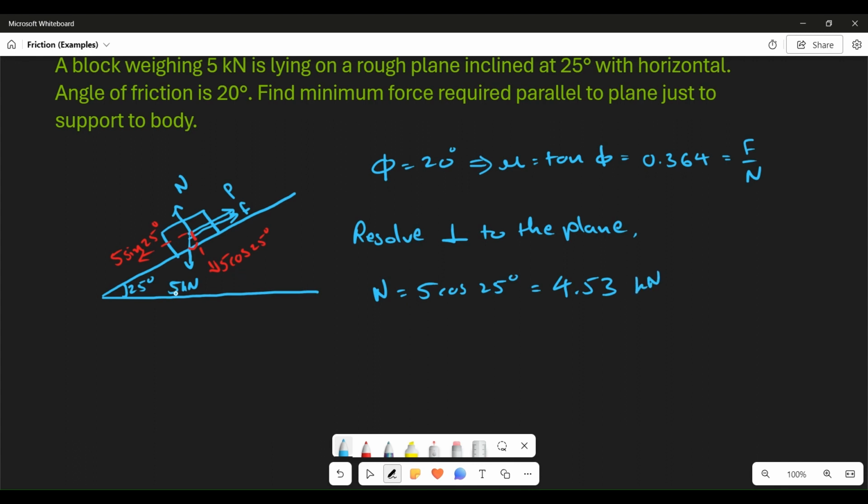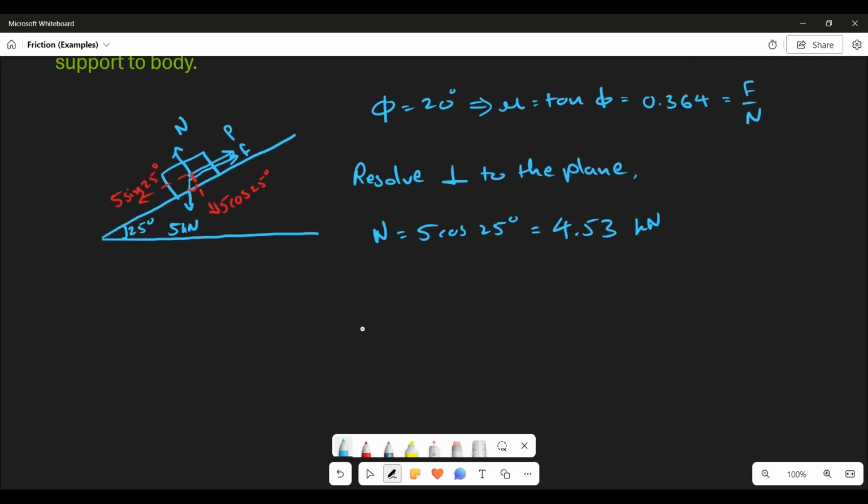Whatever is the unit of this force, weight or P or whatever one force will be given, the unit of that force will be the unit of the answer. So N we get as 4.53 kilonewton. Now let us resolve parallel to the plane.